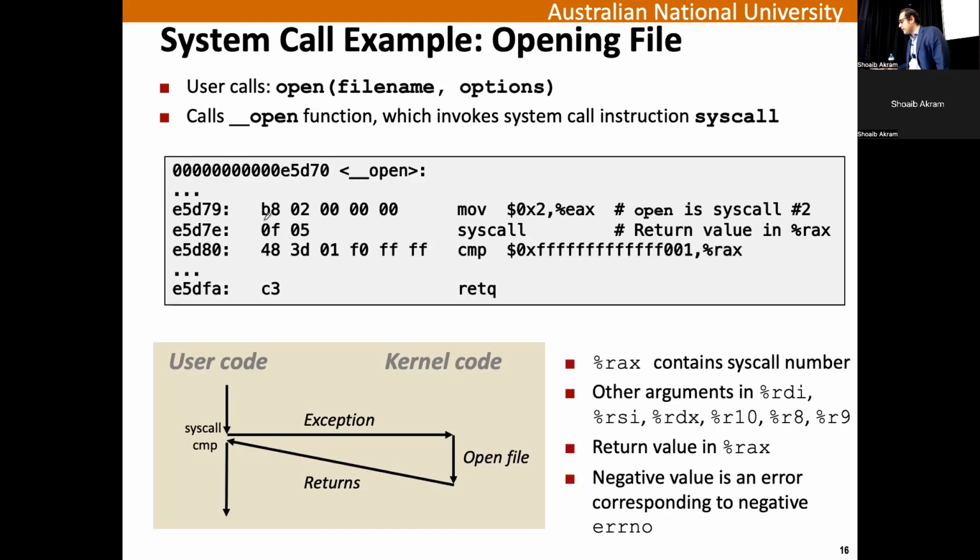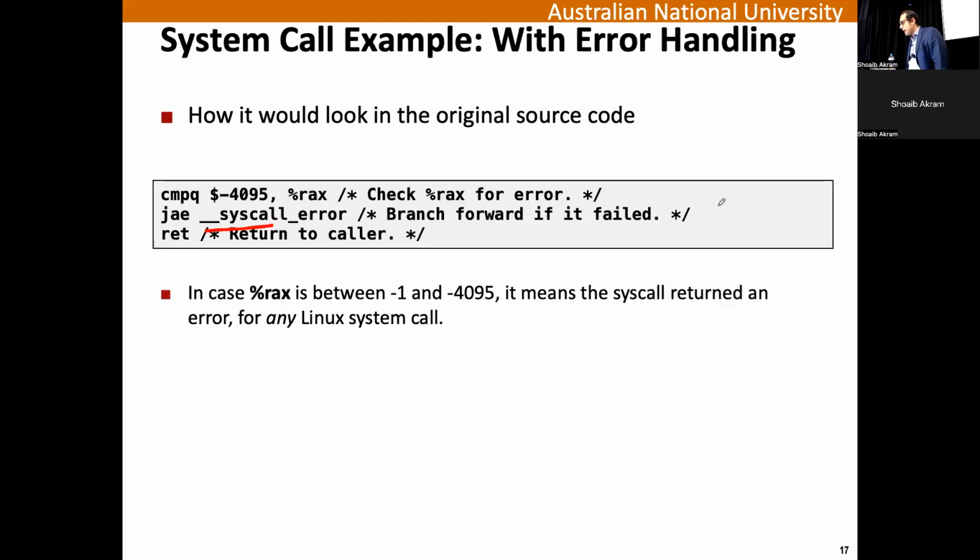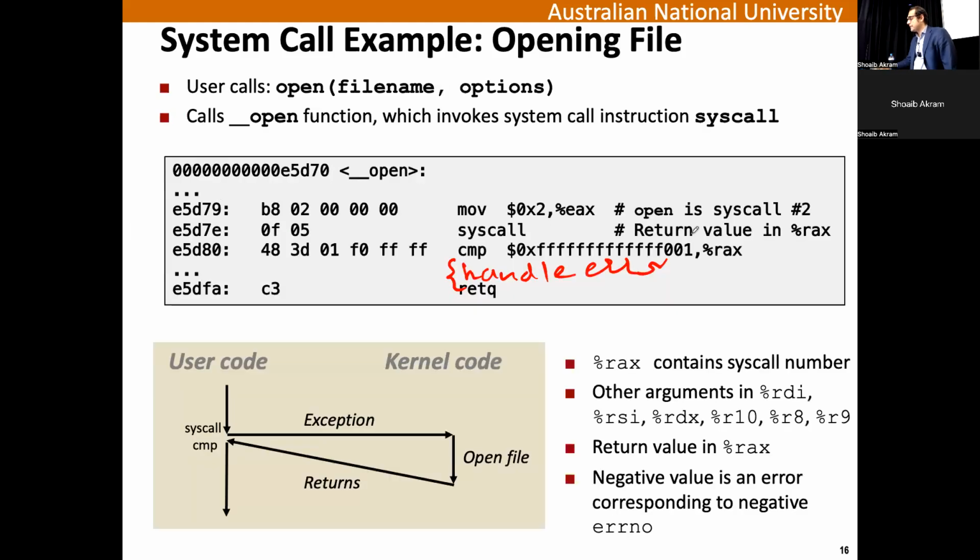In this example, we are not doing anything to handle the error, but you could actually jump somewhere, and this label means handle the error. Okay, this is a more gentle way of looking at the assembly code. This one is actually disassembled using objdump.